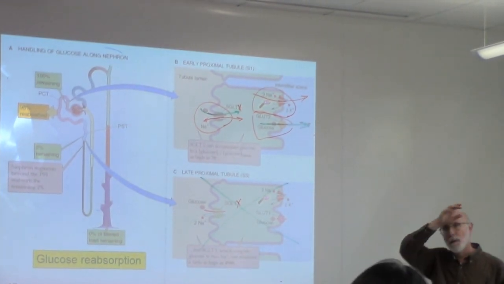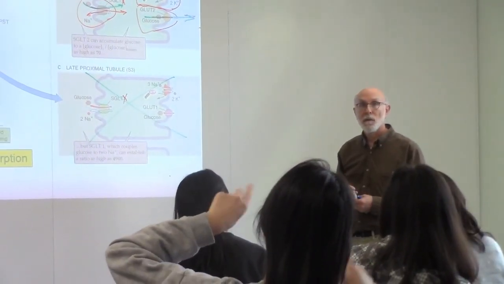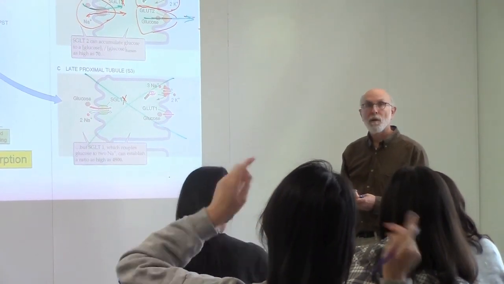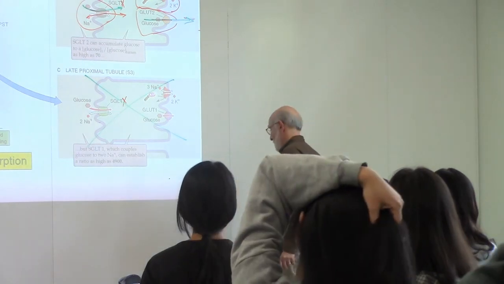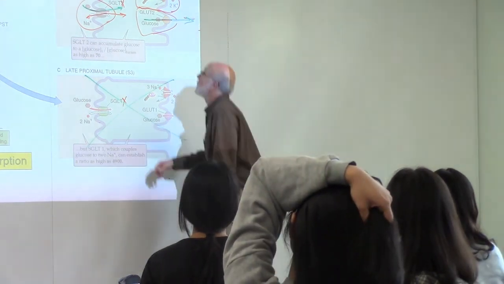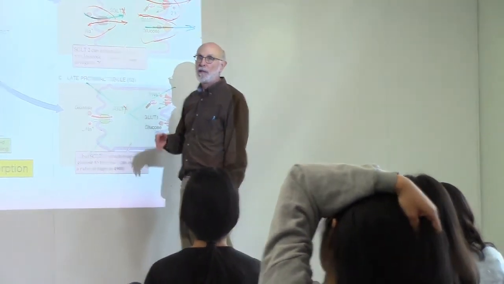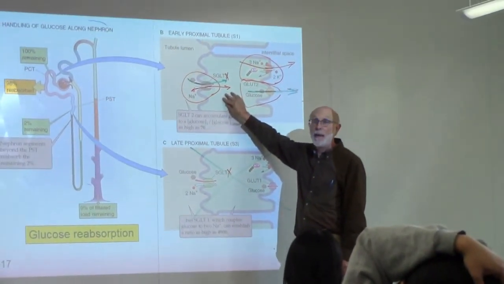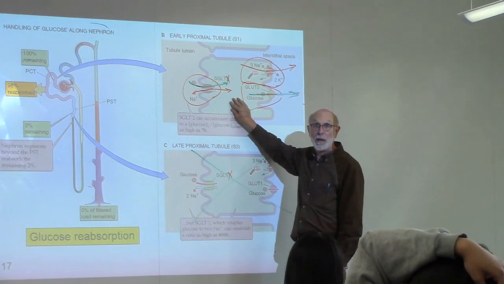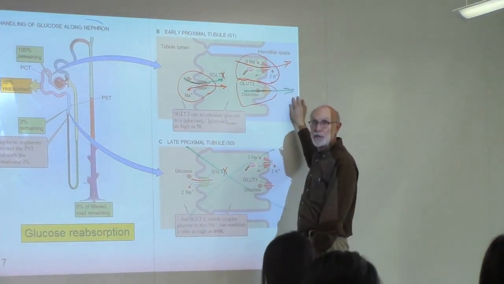Do we know the relative concentration of glucose in the cell, in the tubule, and also in the interstitial space? Which one has the highest concentration? It depends on where we are. So no, we don't know. But typically, the concentration of glucose inside the cell is high because it was pumped here, and then it has to flow down its concentration gradient to the interstitial space.